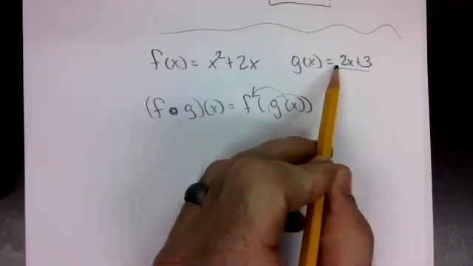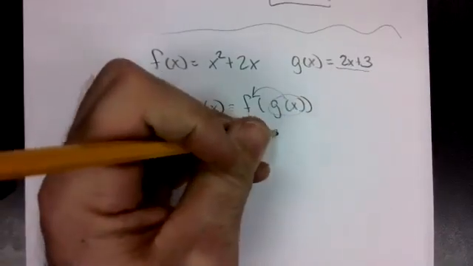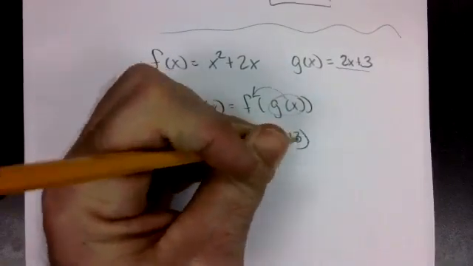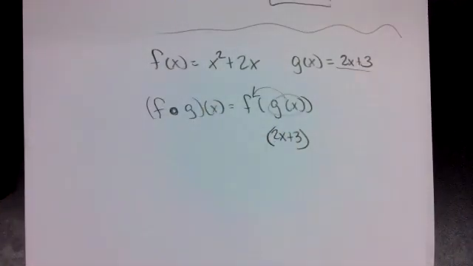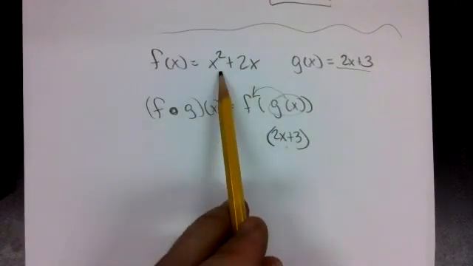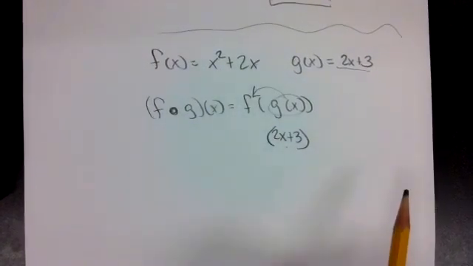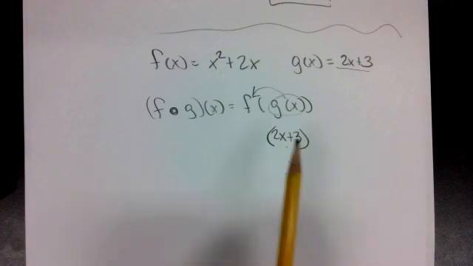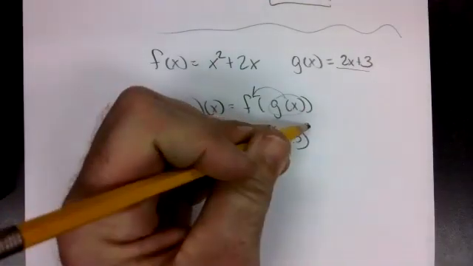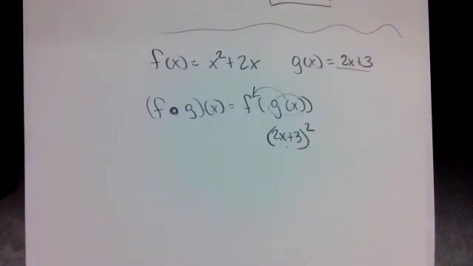So with this one, g of x is that 2x plus 3. So we've got to plug that into our f function. We're going to take 2x plus 3 and square it.